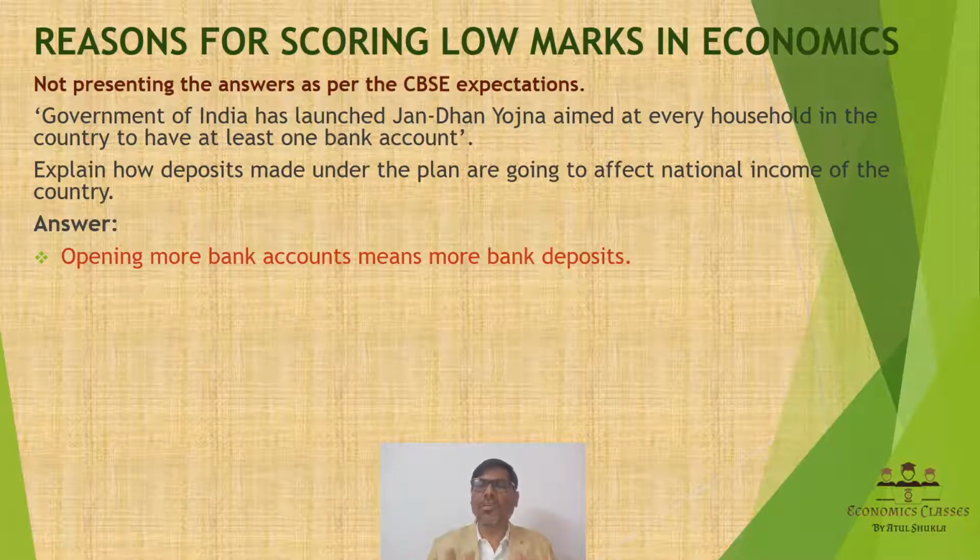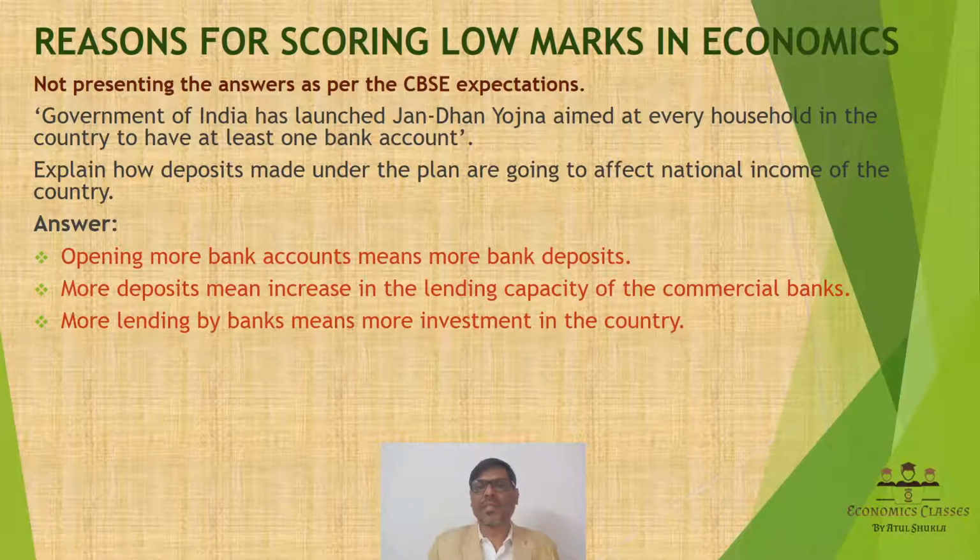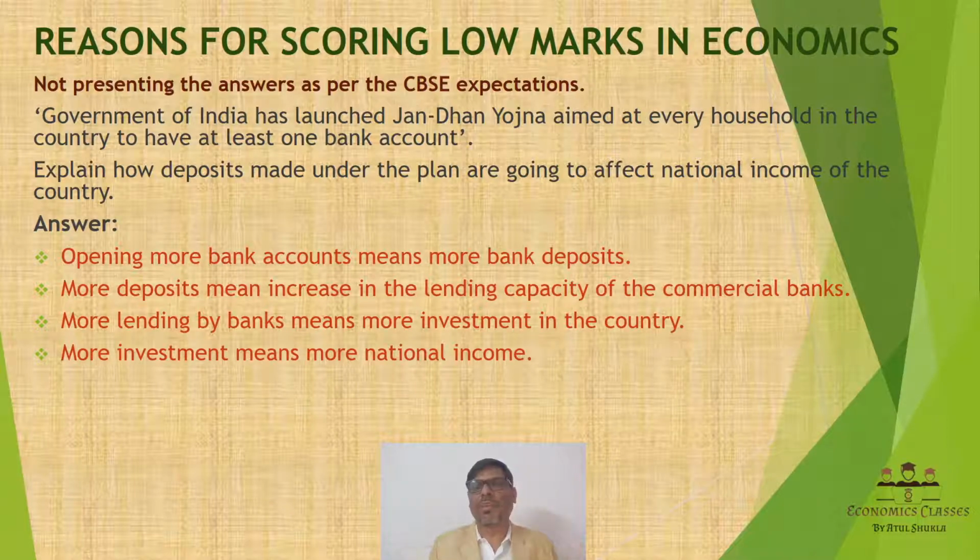Simple point, बहुत ज़्यादा लिखने की जरूरत नहीं है. More bank deposits means bank will be having more lending capacity. So more lending capacity means more investment in the economy. More investment in the economy will definitely lead to more national income. Just 4 marks and you are getting 4 points and you are getting 4 marks, right?